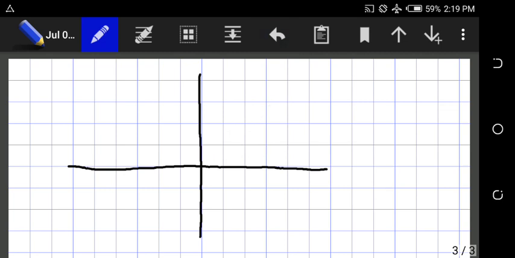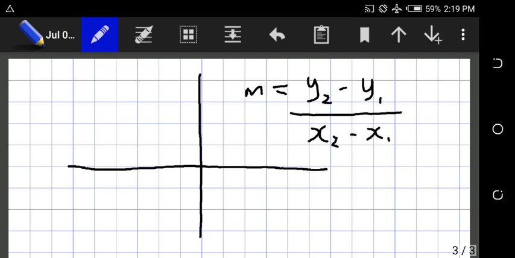For any given line on a Cartesian coordinate whose gradient I want to calculate, this is the formula. We use m to denote the slope or the gradient, and the formula for calculating our slope m is given by this: m equals (y2 minus y1) over (x2 minus x1).